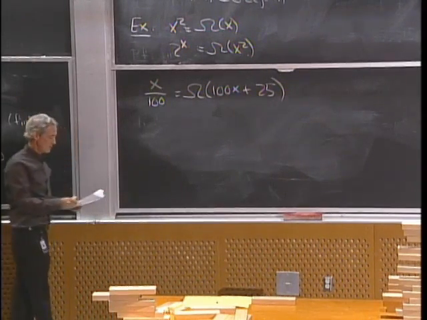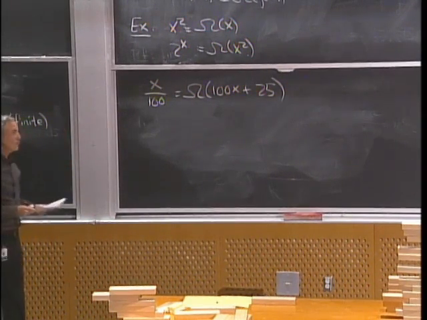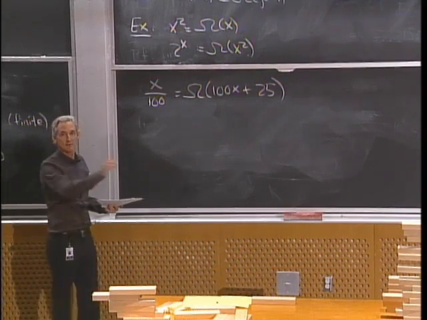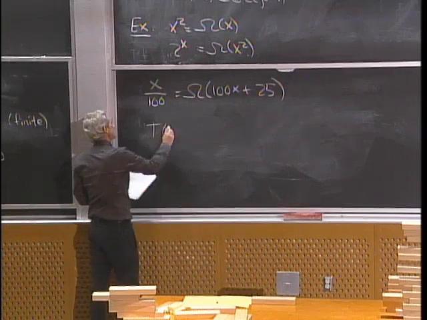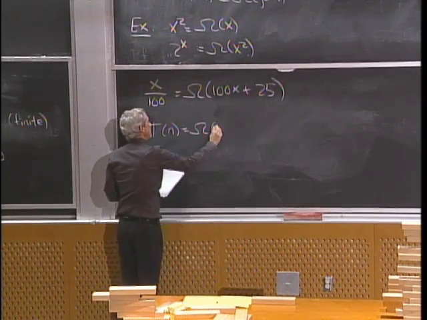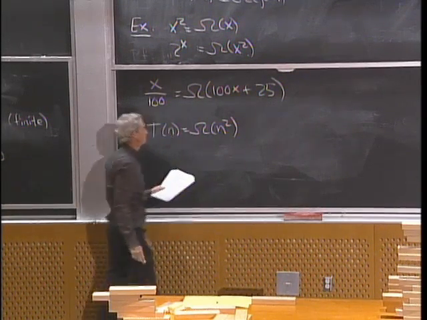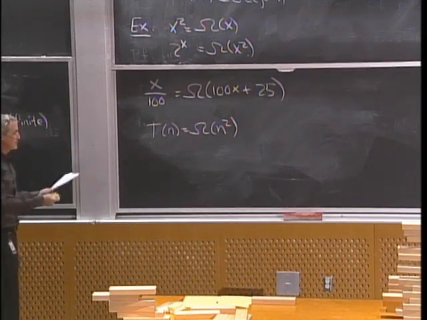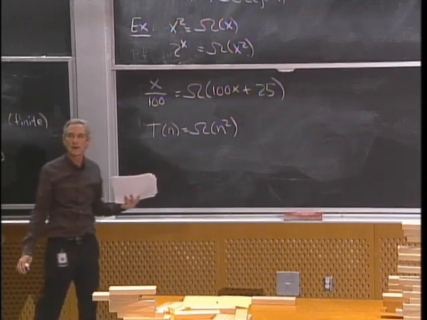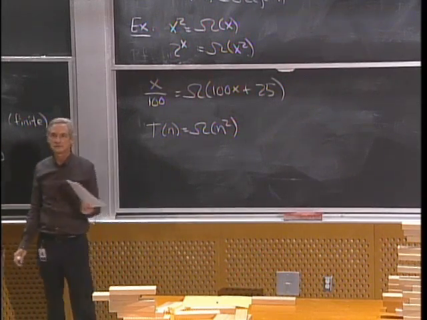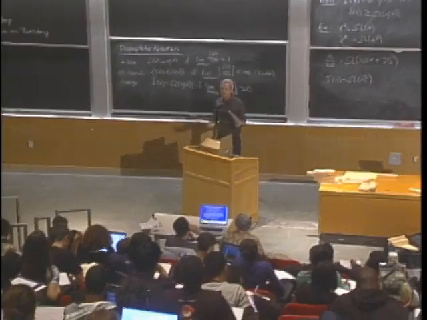So constants go away. If you want to say the running time of that algorithm is at least quadratic, you would write T of n is omega n squared, and that says that the running time is at least n squared. Any questions on big omega? Not too hard once you have big O. It's just the opposite.